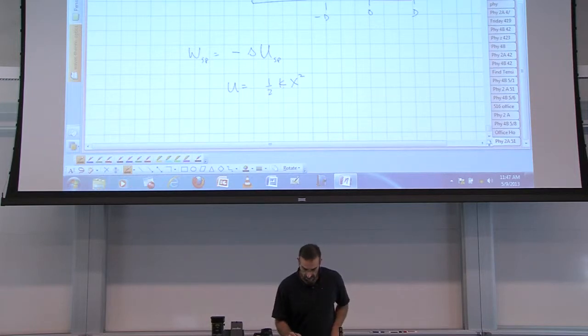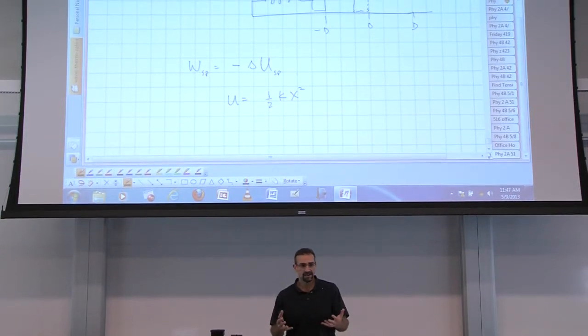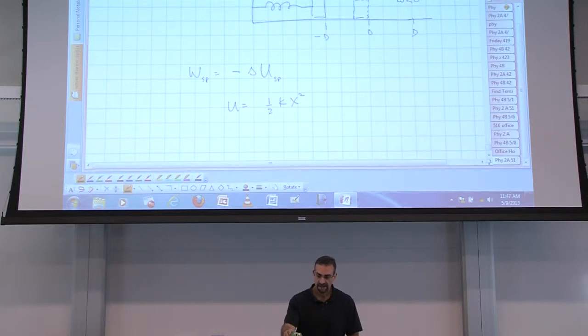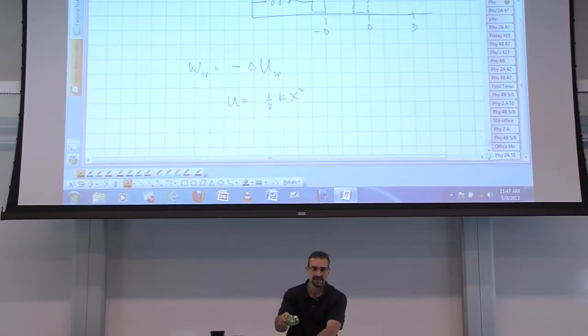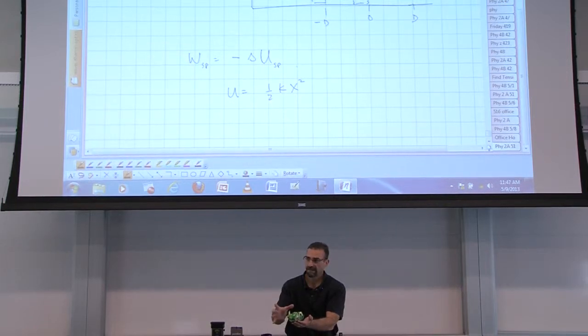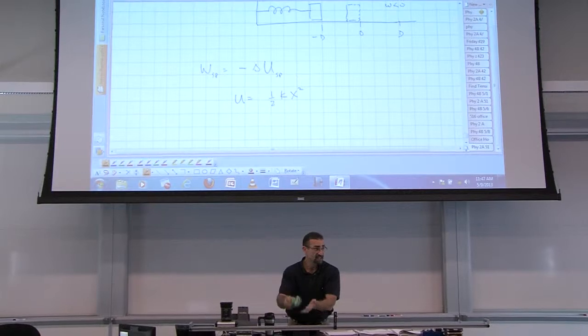Okay, so we've got some potential energy terms. Why do we call it potential energy? Because it has the potential to do work. If you have this object in a certain position in the gravitational field and we let go of it, the gravitational force will act on it, will do work on it, changing its energy.